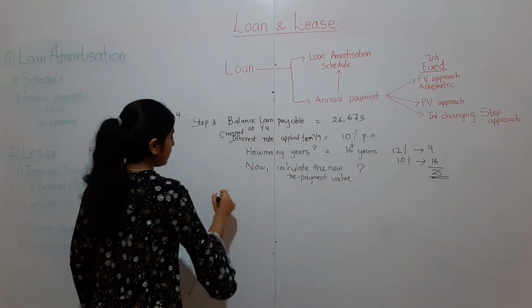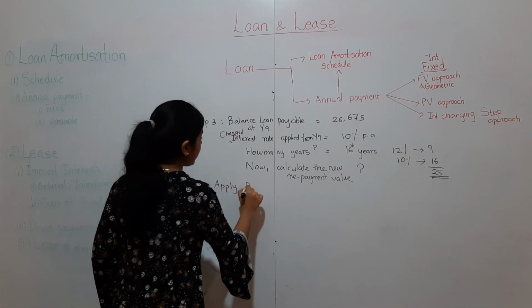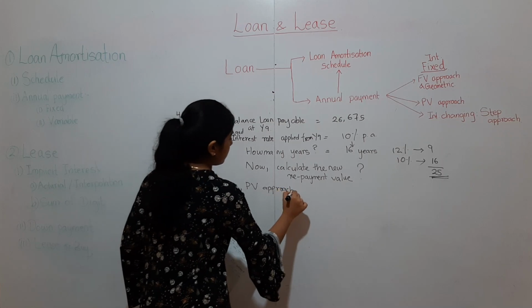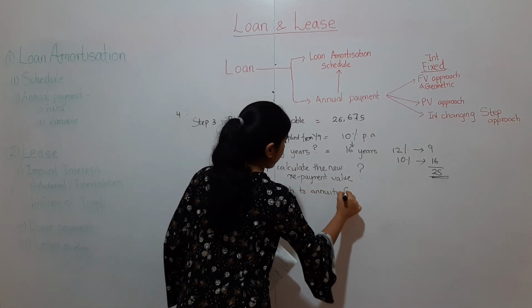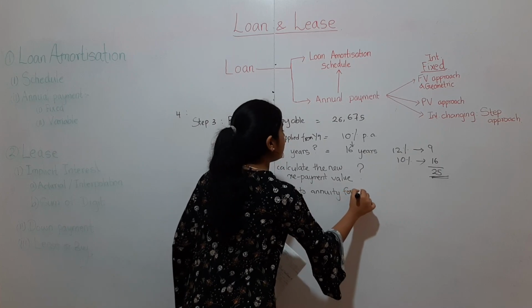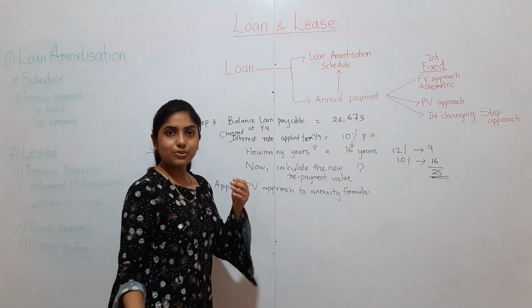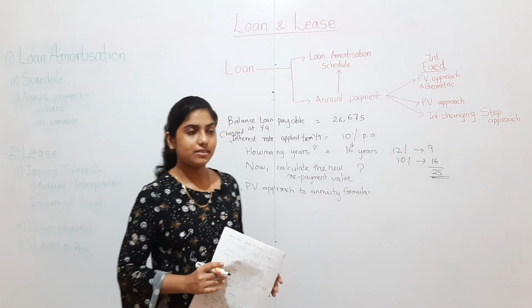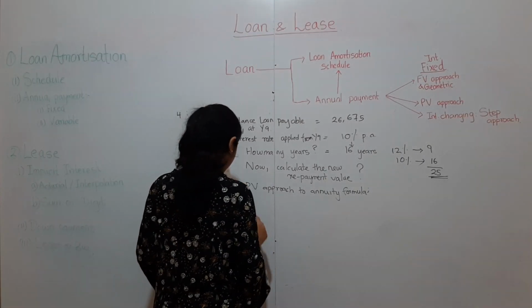For that, apply the present value approach to the annuity formula. As I said in the beginning, this lesson is full of formulas. As long as you remember the right formula, you can save yourself in the exam. So memorize the formula. That's a key saver.